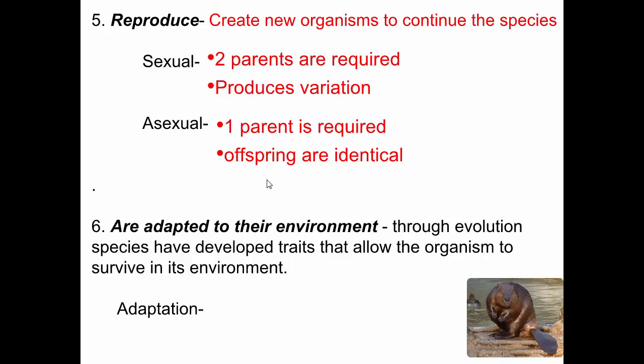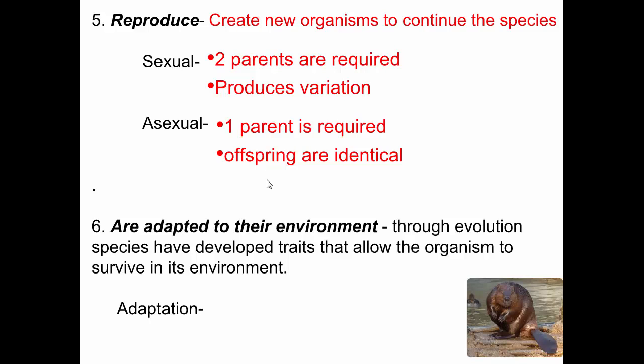Now, organisms that reproduce sexually: animals, plants. Organisms that reproduce asexually: plants can also reproduce asexually. Bacteria, some single-celled organisms, they can reproduce asexually. So it depends on the type of organism. But all living things must be capable of reproduction.